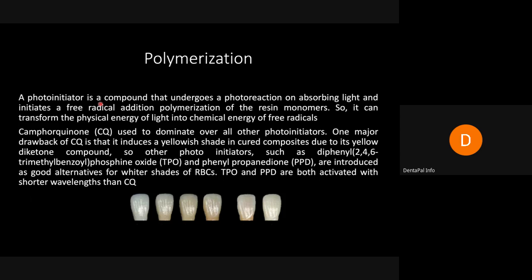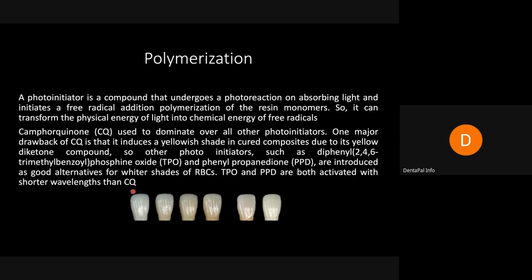A photoinitiator is a compound that undergoes photoreaction on absorbing light and initiates the free radical addition polymerization of the resin monomers, which means we have special compounds that are used within the composite and within the adhesive system.